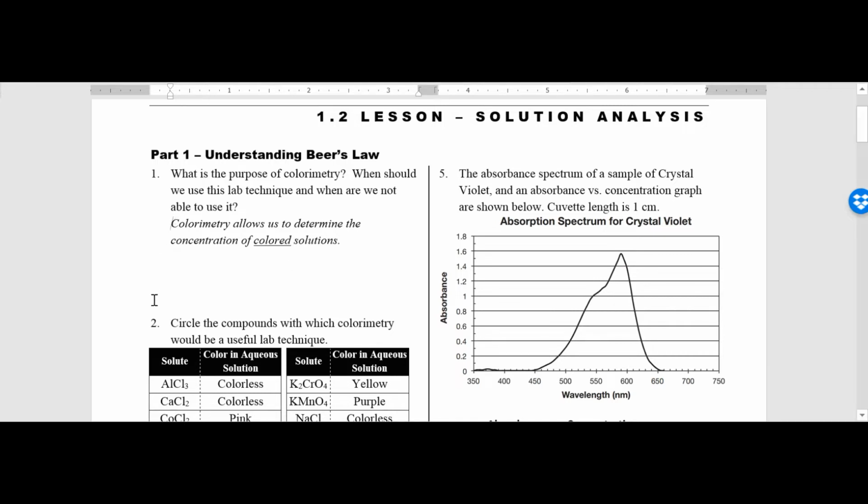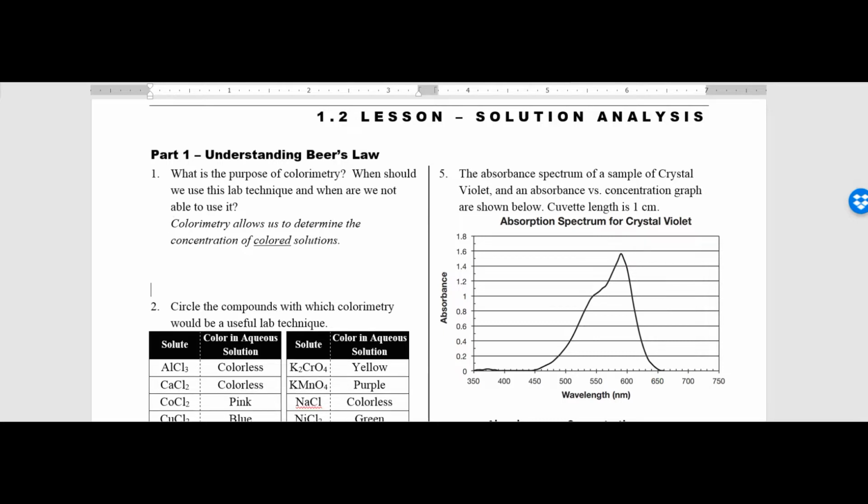If you have any type of colored solution and you transmit light through it, some of it will keep going out the other side of the solution, and some of it will be reflected. Colorimetry allows us to determine how much is reflected, how much is absorbed, and how much is transmitted, and that can tell us information about the concentration of that solution.